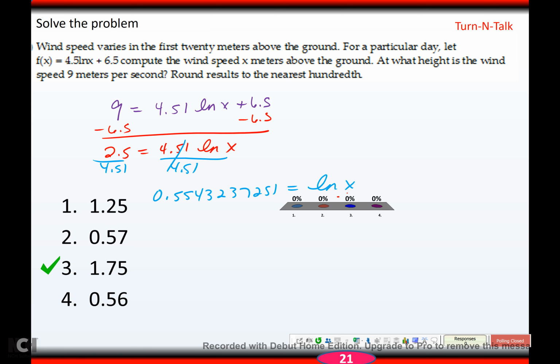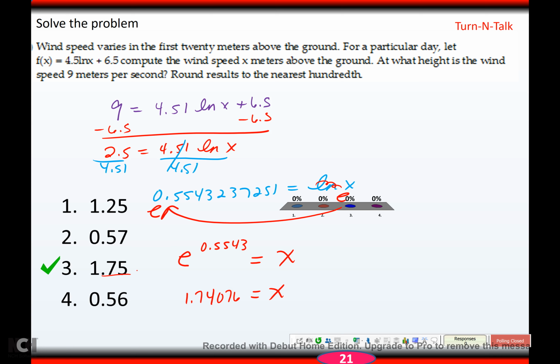Roll the natural log. When the log rolls over, the base moves over, so I have e to the 0.5543, I'm not going to write it all, equals x. So to get my x, I type that in, e caret 0.5543237251, and I get 1.74076, blah, blah, blah.